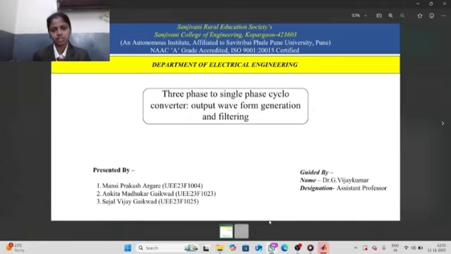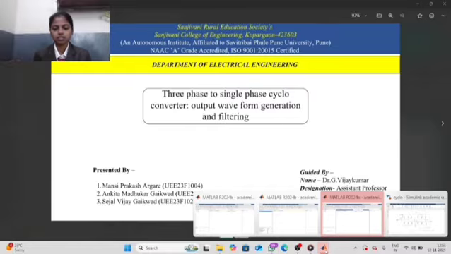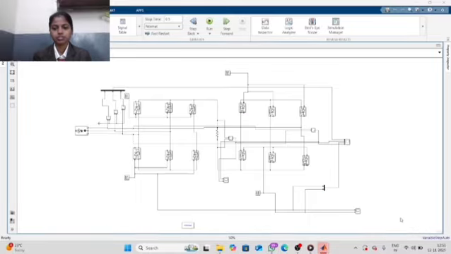Our topic is 3-phase to single phase cycloconverter, output waveform generation and filtering. The objective of this topic is to convert a 3-phase supply to a single phase cycloconverter output and observe the output waveform. We did the simulation of the 3-phase to single phase cycloconverter.